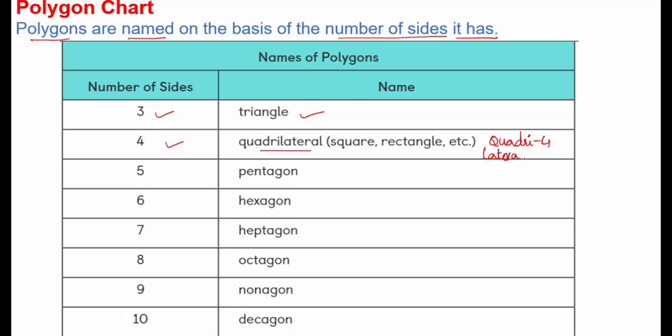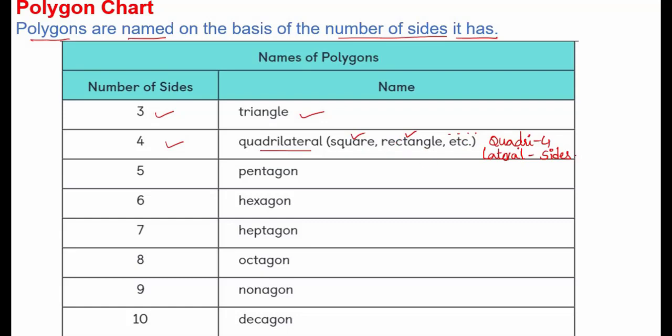Lateral means sides. A polygon with 4 sides is called a quadrilateral. Example, square, rectangle, etc. Square is having 4 sides, rectangle is having 4 sides, parallelogram is having 4 sides, rhombus is having 4 sides with different shapes.